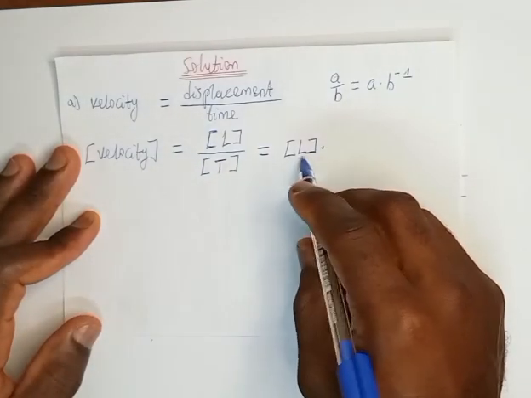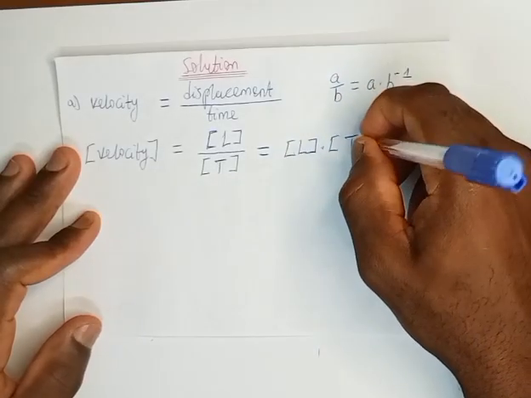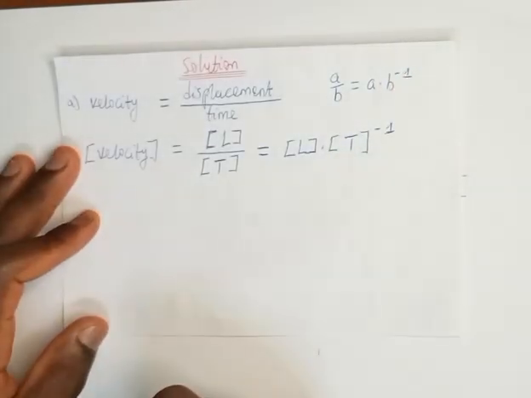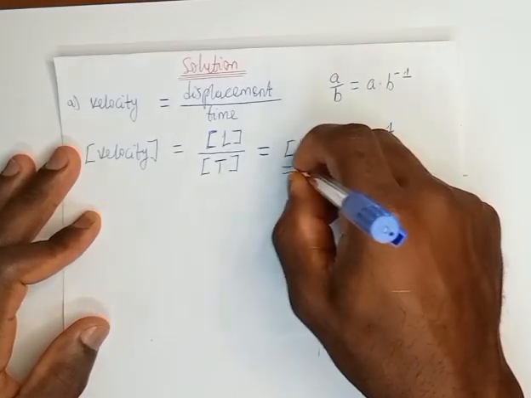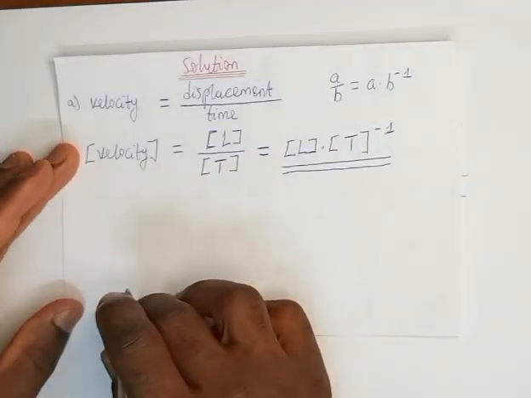So this will give us L in square brackets times T in square brackets, all raised to the power negative 1. So this is the dimension of velocity.